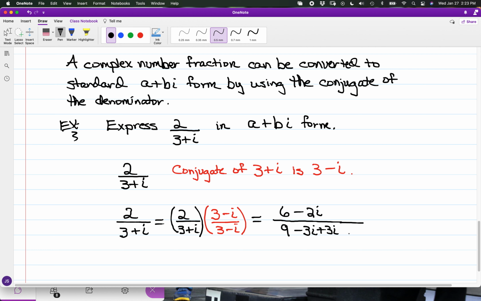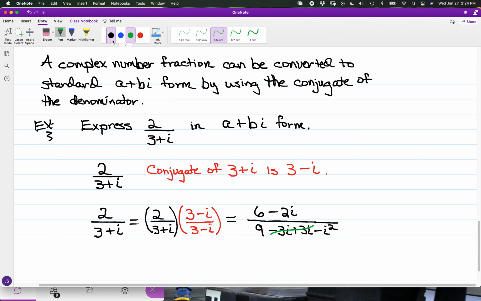And for the last part, we have negative i squared. Again, the terms in the middle cancel out. And right now we have 6 minus 2i over 9 minus i squared. And again, i squared is going to be negative 1.